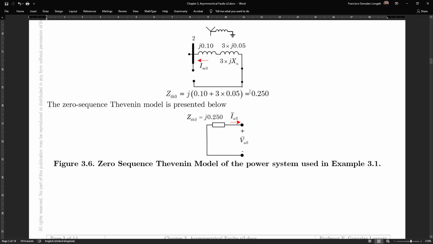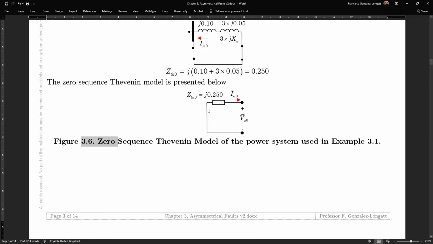And here you can see that the Thevenin equivalent impedance for zero sequence is 0.250. Okay. Finally, here in figure 3.6, you can see that that is the zero sequence Thevenin model of my system. And well, that is all for this example.